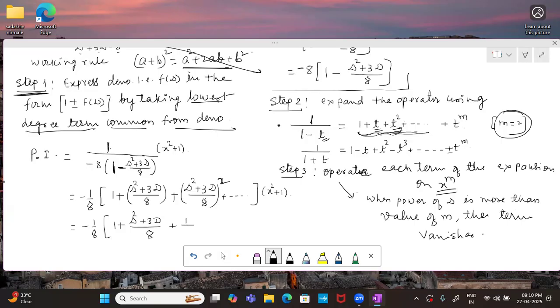And before that, write 8 whole square. What is 8 square? 64. And then use this formula here: d square whole square plus 2 into d square into 3d plus 3d square. Bracket close, plus, and outside there is x square plus 1.